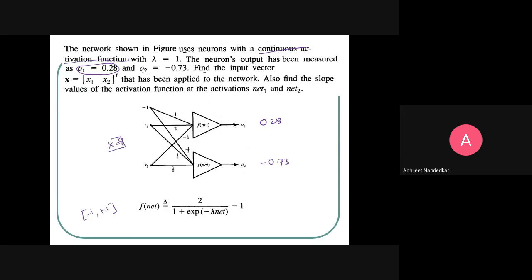Find the input for which the output produced is like this, applied to the network. Also find the slope values of the activation functions at net1 and net2. So they are asking you to find f dash of this.